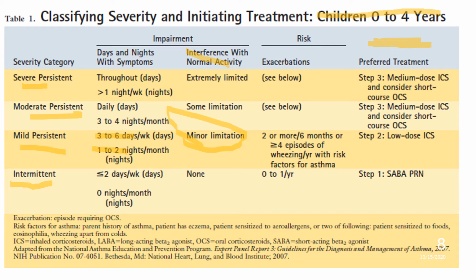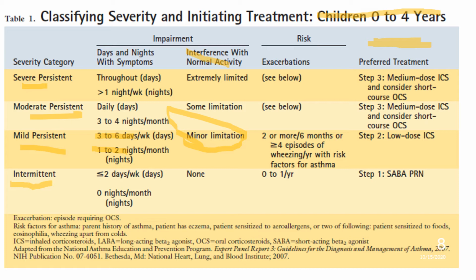And when they talk about risk, risk means how many times you have been admitted to the hospital. And if you've been admitted more than 4 times a year, then you have actually been diagnosed as mild persistent. So that's your category. The treatment plan for mild persistent is low dose inhaled corticosteroids, probably with a beta agonist too.